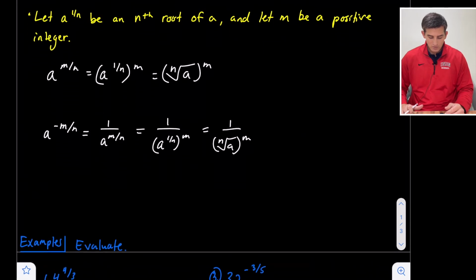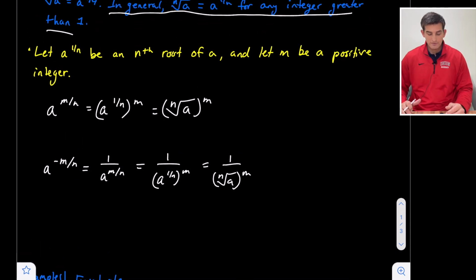Now let's talk about what happens if we have fractions that are not 1 over another number. How do we evaluate that? It says let a to the 1 over n be an nth root of a, and let m be a positive integer. So we have a to the m over n, where we don't have 1 over a number, but maybe 2 over 3, or 5 over 3, or 6 over 5.